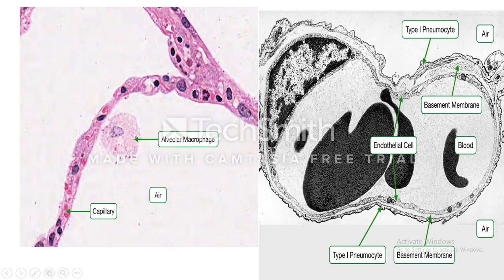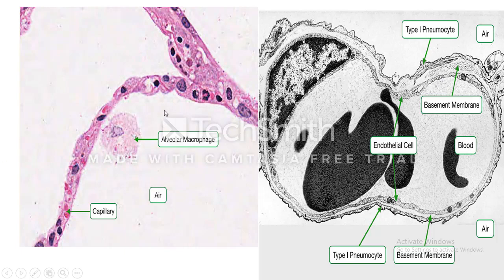Pneumocyte 1 and endothelium, the basement membrane of pneumocyte 1 and the basement membrane of endothelium, form the blood-air barrier. The blood-air barrier consists of 4 layers: one layer pneumocyte 1, 2 layer basement membrane of pneumocyte 1, 3 layer basement membrane of endothelium, and 4 layer endothelium.